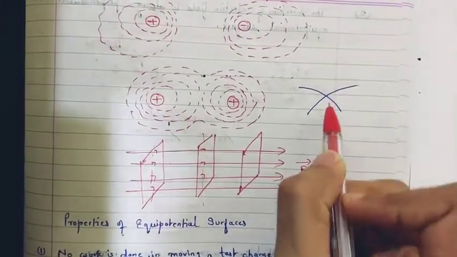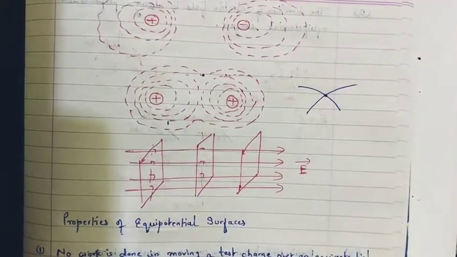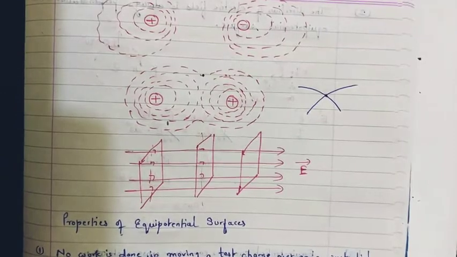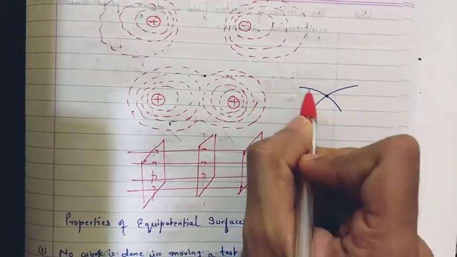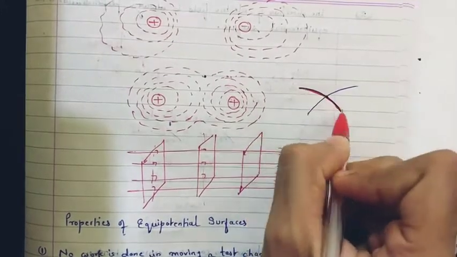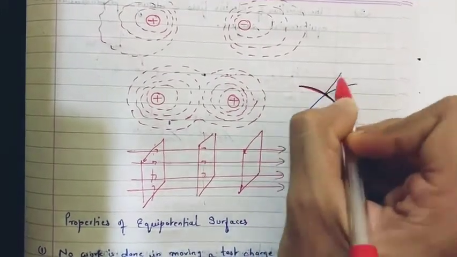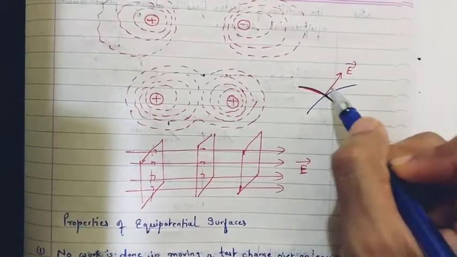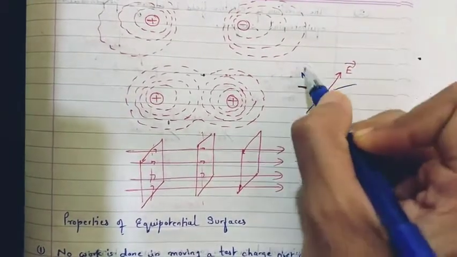At this point of intersection, what do we know about electric field? The electric field is always perpendicular to the equipotential surface. For this particular surface, the electric field is going to be something like this, let's say E. And for this surface, it will be 90 degrees at this point, like this.